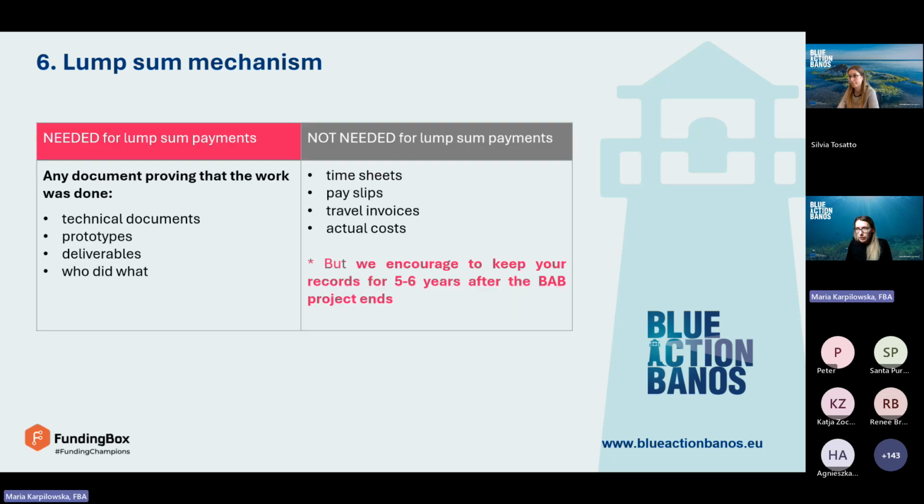Under the lump sum mechanism, what we need to transfer the payments to the projects are technical documents, reports, deliverables, information in the reports, who did what. In the case of technical development projects, we will want to see some prototypes and so on and so forth.